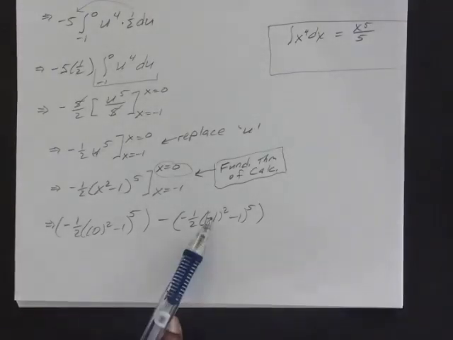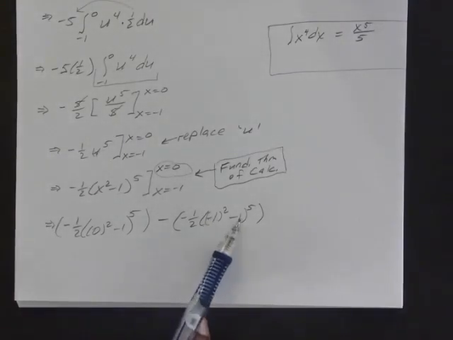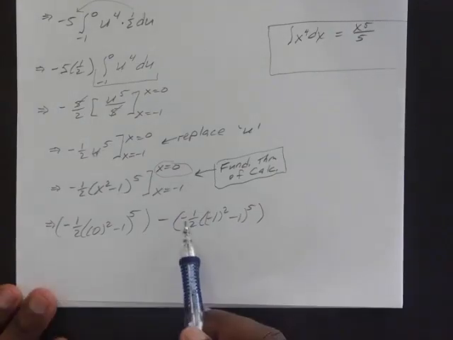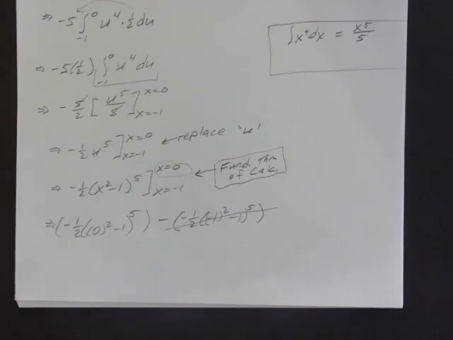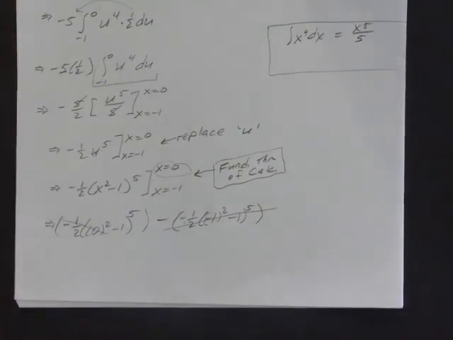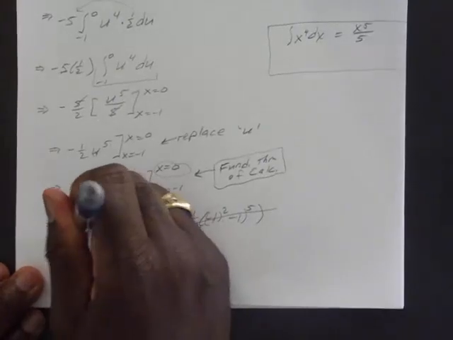Okay, so -1 squared is just +1, and 1 minus 1 is 0, so 0 times anything is just 0, so that just cancels out. And this -1/2 times 0 is just 0, so that just cancels out. Oh, not the whole thing. I wrote that a little too long.